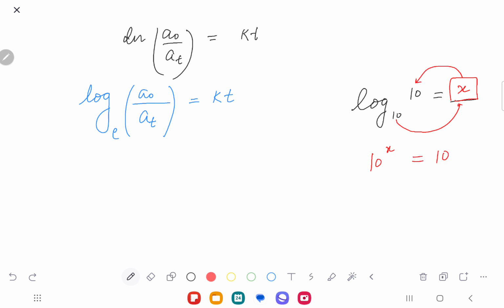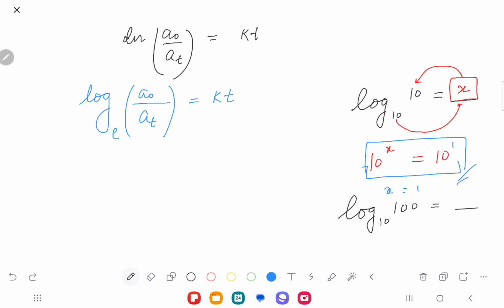Just remember this circle. 10 raised to power x should give me back 10. So it should be x equals 1, yes or no? Yes, ma'am. The point here is that 10 raised to power x is 10 raised to power 1.